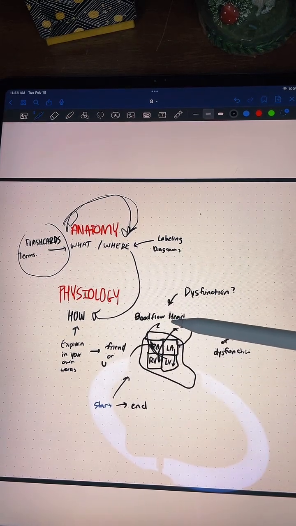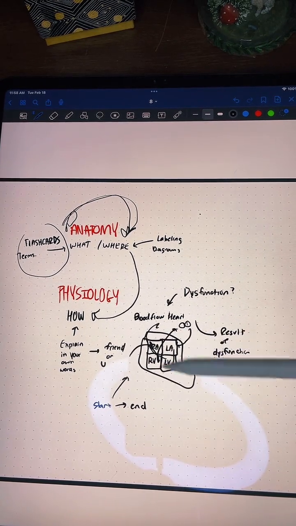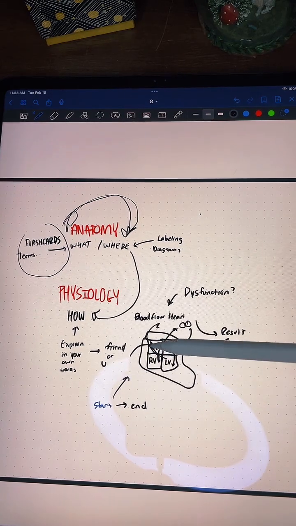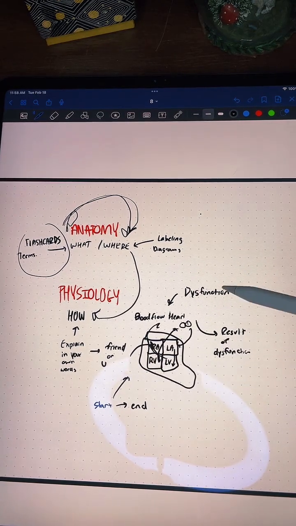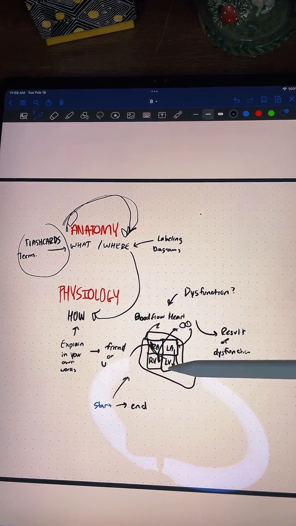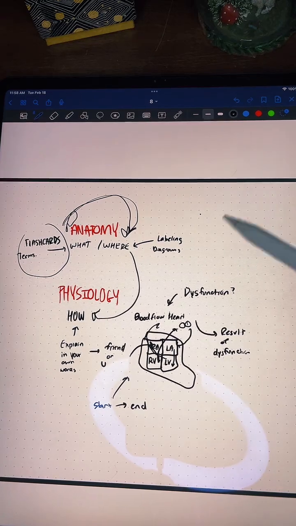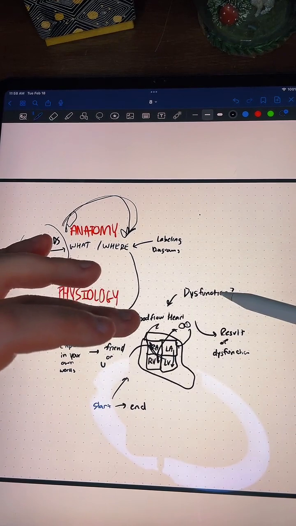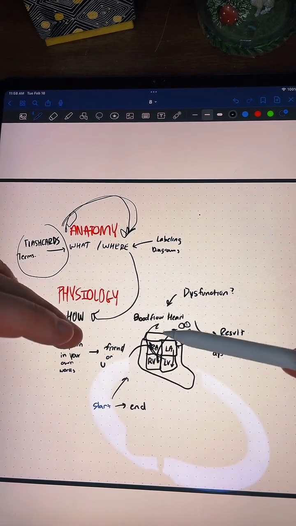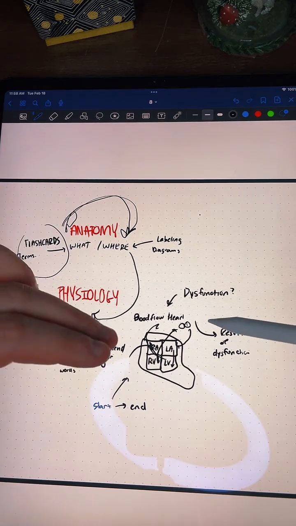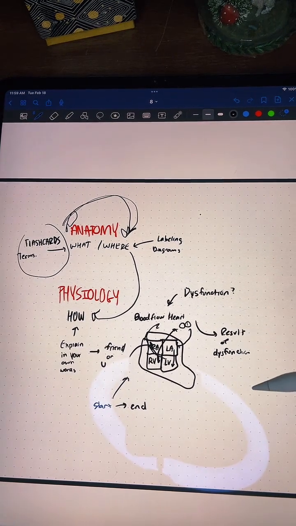If you're going through the blood through the heart, you'll make your notes, and then you should be able to describe it either visually or in your own words: blood enters through the right atrium, into the right ventricle, through the pulmonary artery to the lungs to get oxygenated, comes back to the left atrium, into the left ventricle, into the aorta. After you learn its normal function, look at dysfunction, like what causes the blood flow to be disrupted, and then look into what is the result of that dysfunction.